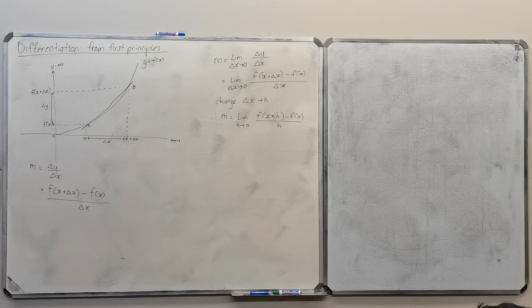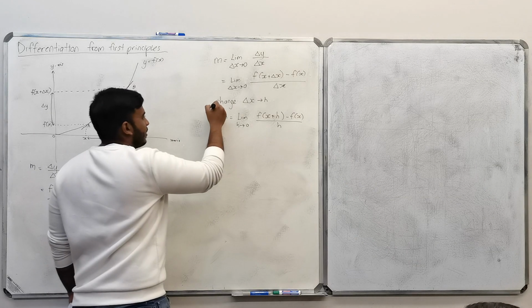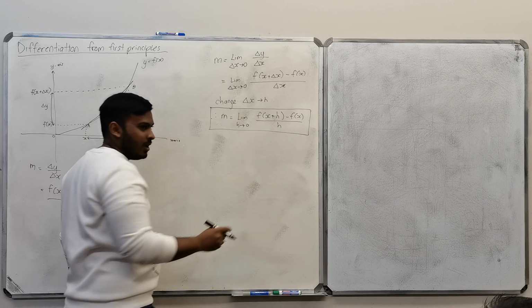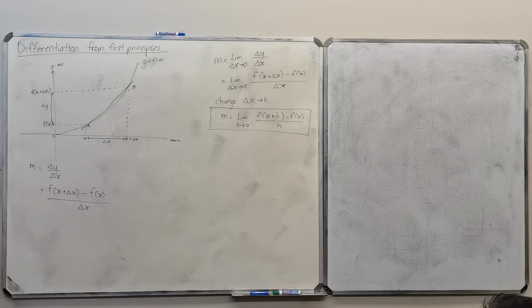the above limit is also called your differential coefficient of a function of f of x with respect to x. This here is your first principles formula, right? If they ever ask you to solve a question using first principles, that's what you're going to be using. Can you write it?